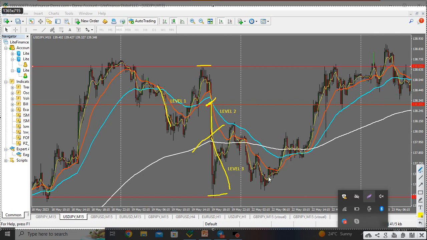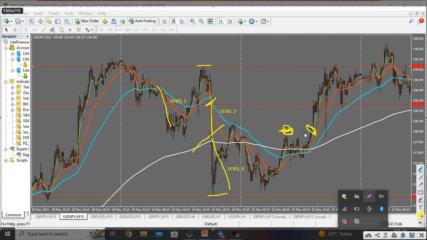This was an apex here. Then if this is an apex, you should pay attention to the candle which will be above this apex here.